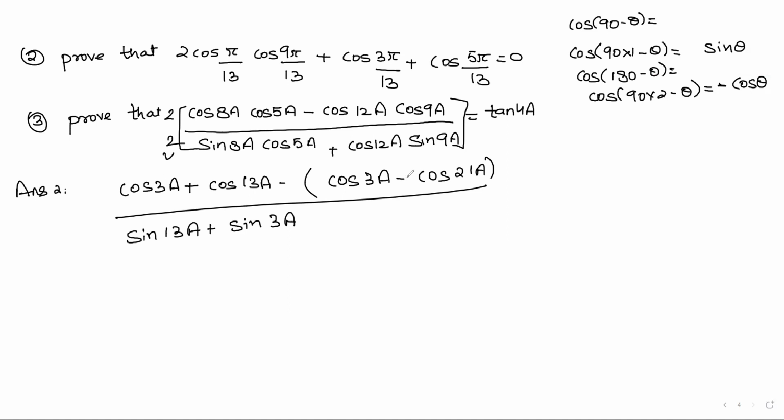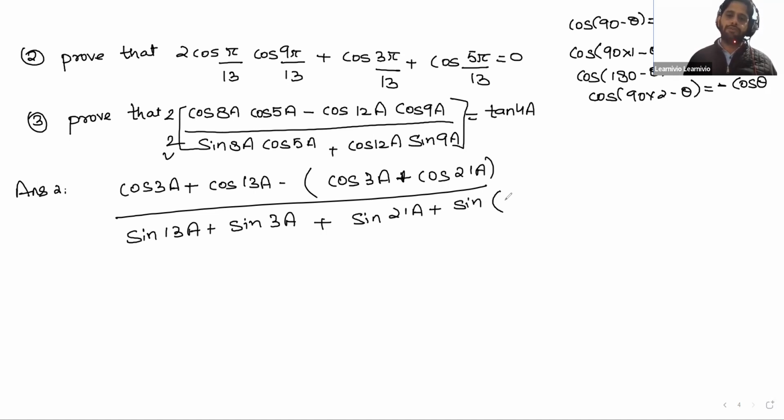Similarly here also we have a positive. In this case, what we get is sin(a plus b), where a plus b means 9 plus 12, 21a, plus sin(a minus b). What is a minus b? 9 minus 12, which gives minus 3.